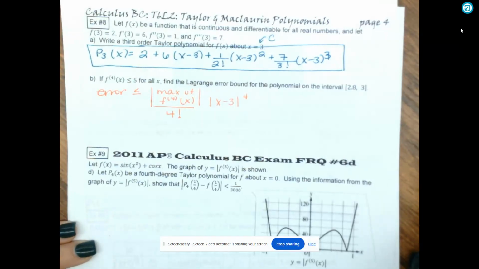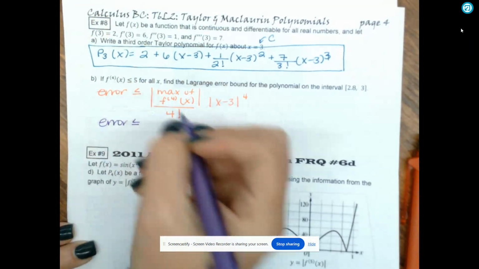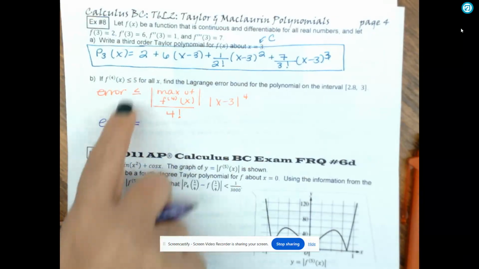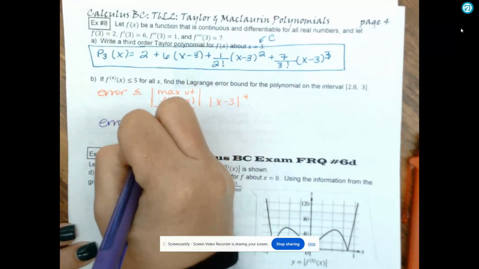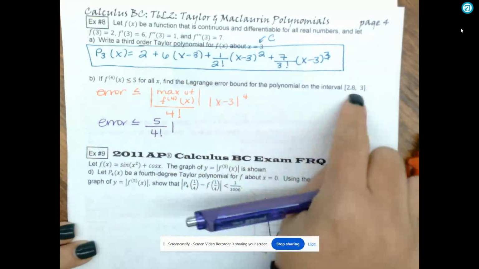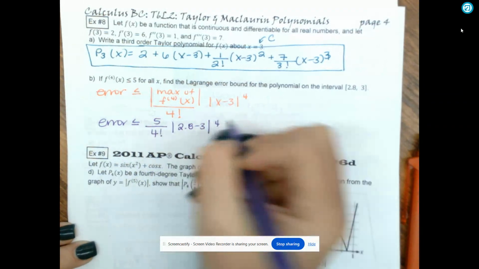Okay, so now we know the max of the fourth derivative of x would be 5. That gives us that right there, over 4 factorial times our x, which is going to be 2.8 minus 3 to the 4th.